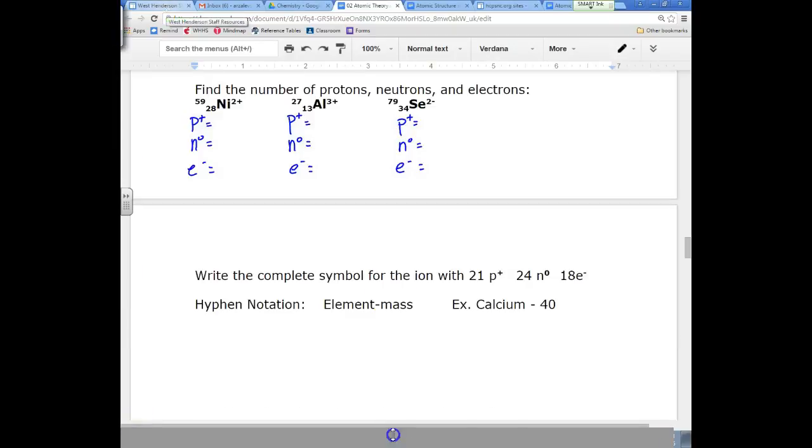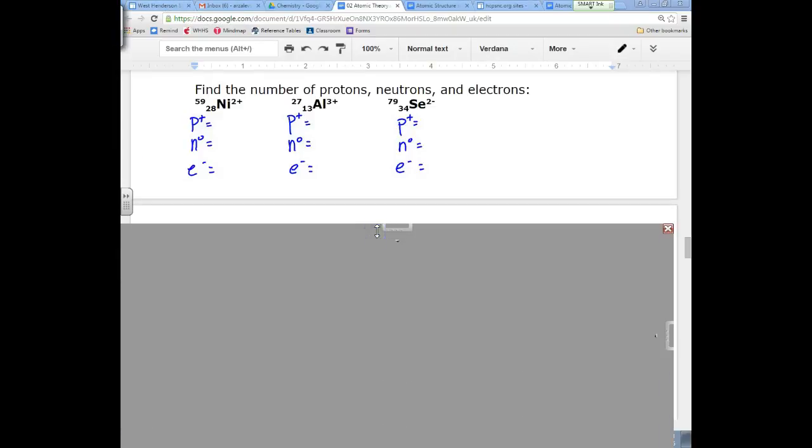Okay, so now we have to calculate the answers here. So for nickel, we need our number of protons. That's located at that bottom number, so we have 28 protons. The number of neutrons is going to be found by subtracting these two numbers. So 59 minus 28 is going to give us 31.